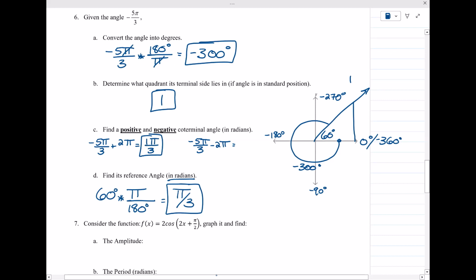You could also do negative 300 plus 360, which is 60 degrees, and then convert that to radians. You'd get exactly the same answer. And then doing the negative 5 over 3 minus 2 is negative 11 pi over 3.